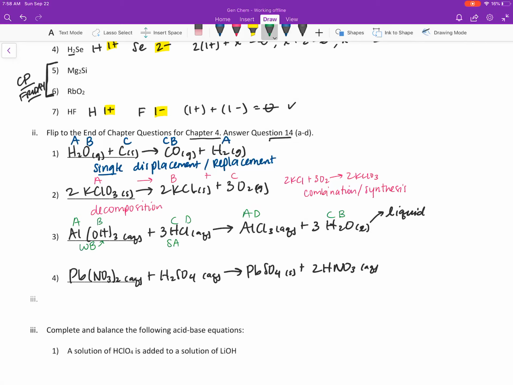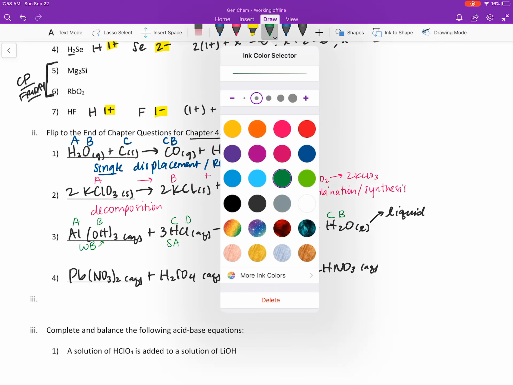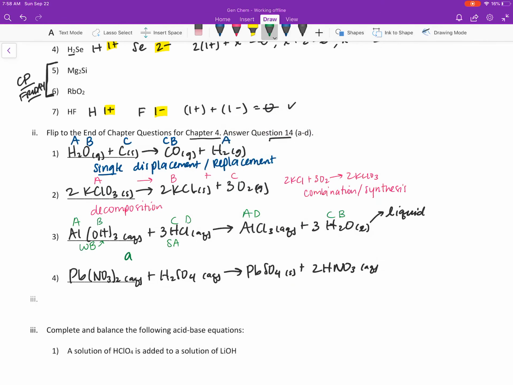Okay, so this in particular is not a double displacement reaction, but it is an acid-base reaction. Okay, so anytime you see an OH and then the hydrogen, or you can identify a strong acid, strong base, or weak acid, weak base, then we're going to call it an acid-base reaction.